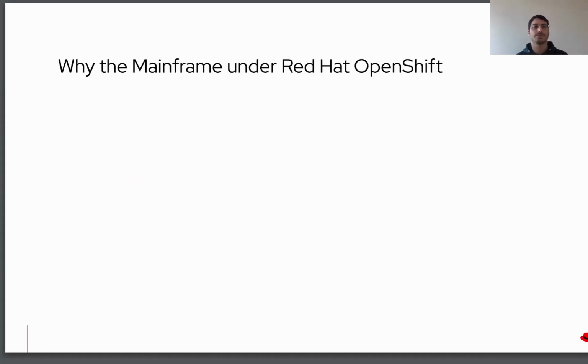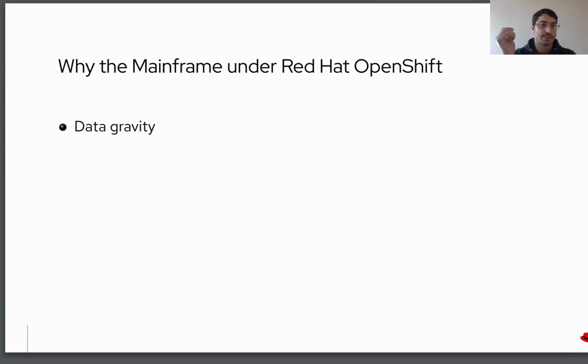So I would say the first reason is data gravity, because obviously you would already have a lot of data or application services, whatever, running on the mainframe. And if you can also run your new application on it, that will give you very good latency, bandwidth and throughput.